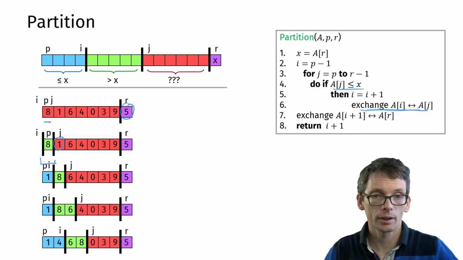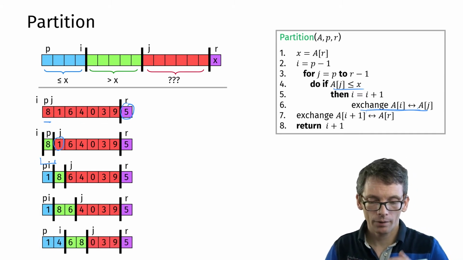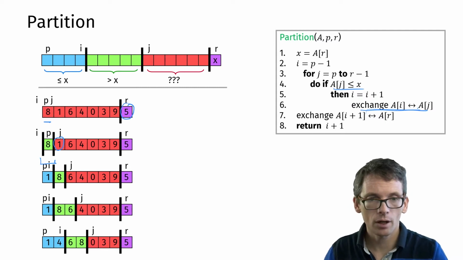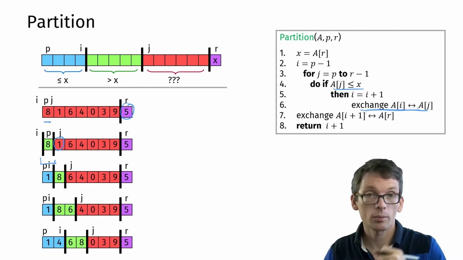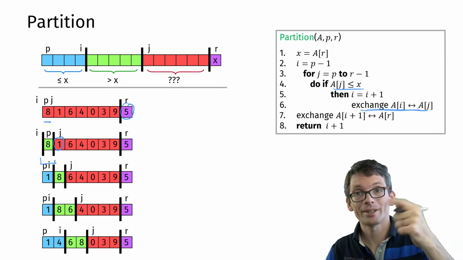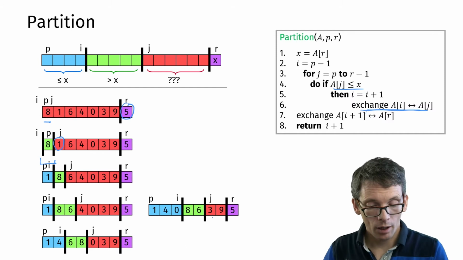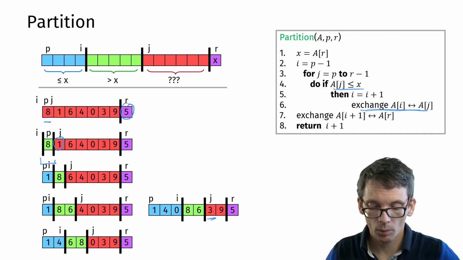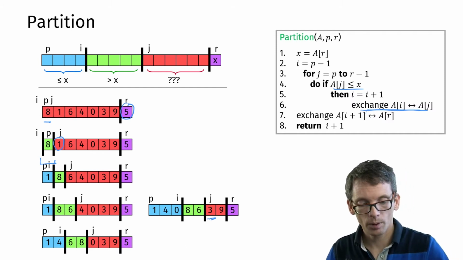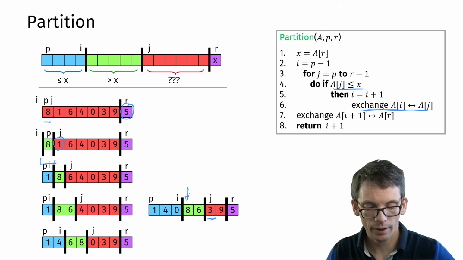And that is what we get. And then in the next step, I have the 0. 0 is smaller than 5, so I'm going to swap 0 and 6, and we get this. Now I'm here, 3 is smaller than 5, so I swap the first element in the green part, that's 8, and 3.